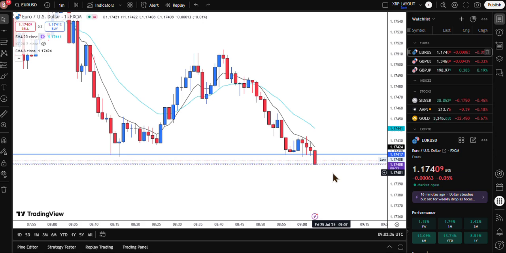We're gonna wait for it to close. That lets you know it's definitely going in the downtrend.